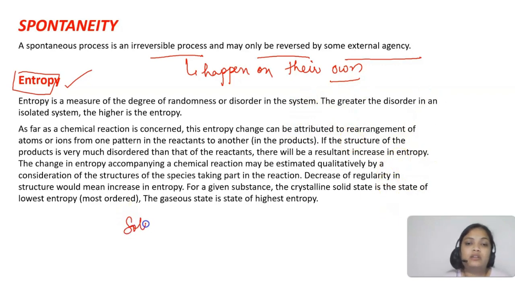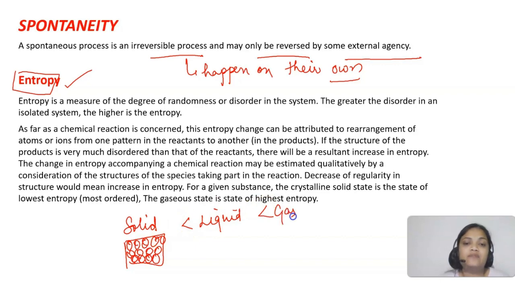Solids have the most ordered arrangement; atoms or particles are arranged in a well-defined manner, so they have the least entropy. Then liquids have more, and gases have the highest entropy because the degree of randomness is highest for gases.